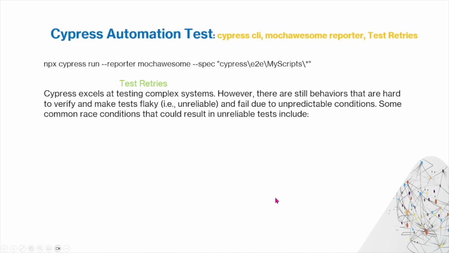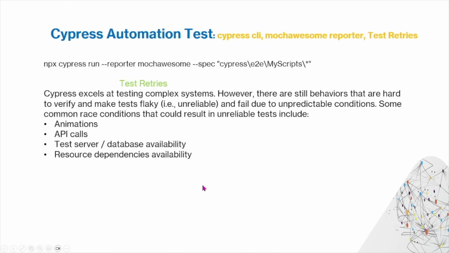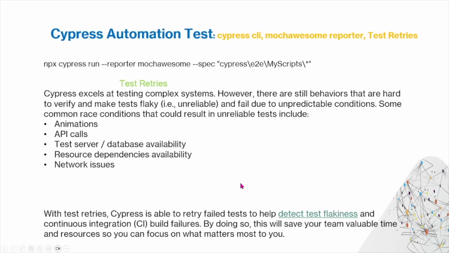There's also test retries. Cypress excels at testing complex systems. However, there are still behaviors that are hard to verify and make tests flaky and fail due to unpredictable conditions. Some common race conditions that could result in unreliable tests include animations, API calls, test server database availability, resource dependencies availability, network issues.